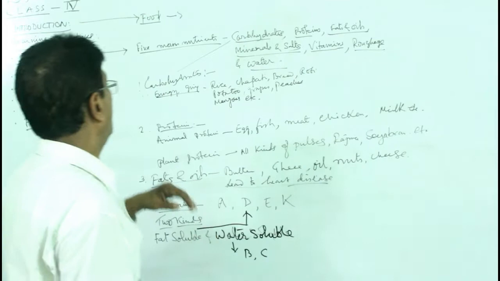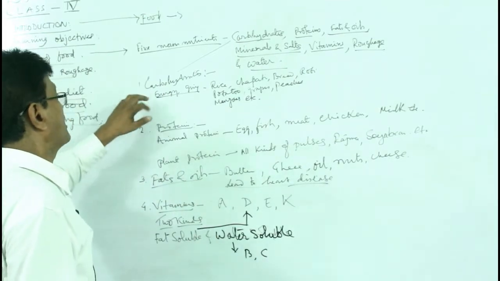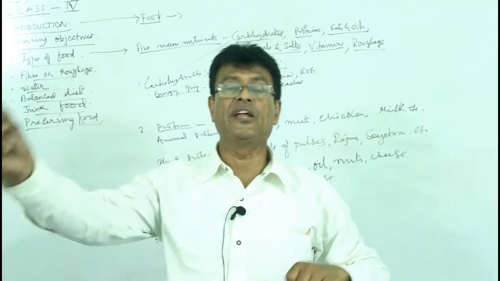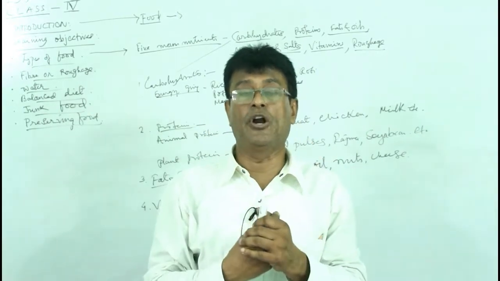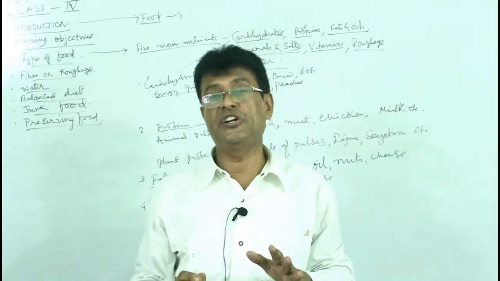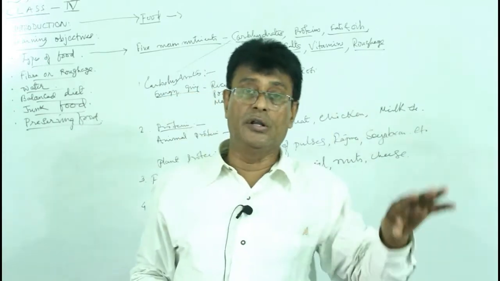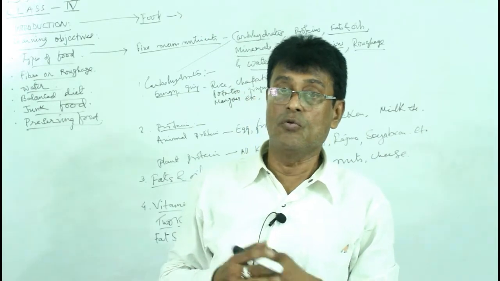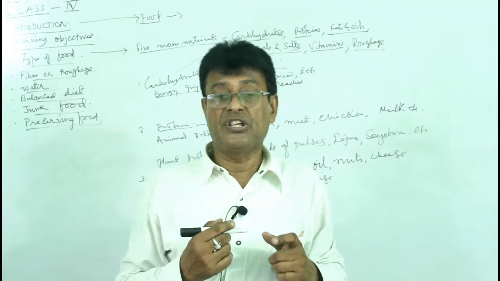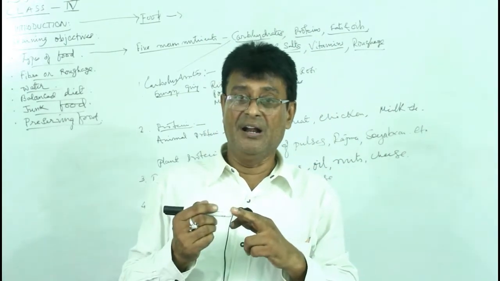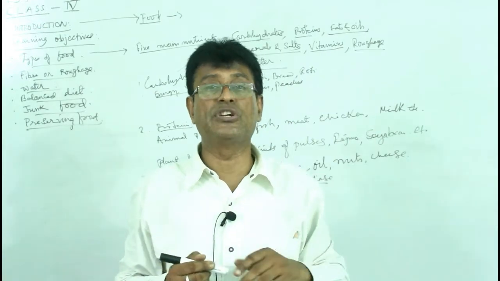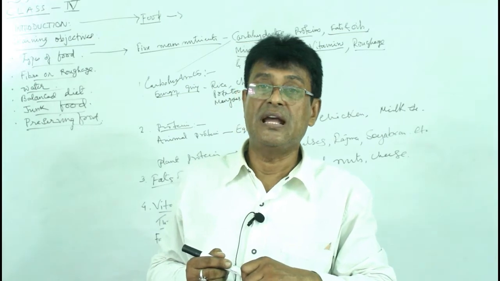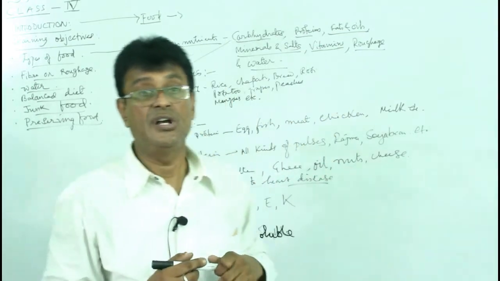Let's see what happens with carbohydrate. Carbohydrate is a food which provides general energy for the body. All over the world, people have carbohydrate in different forms. In China, Japan and the other Asian countries, we mostly eat rice, and that is carbohydrate.